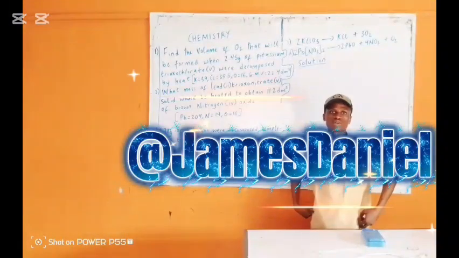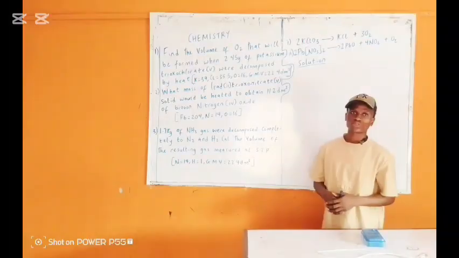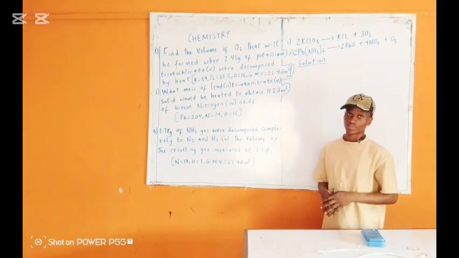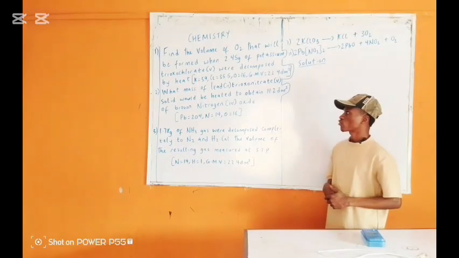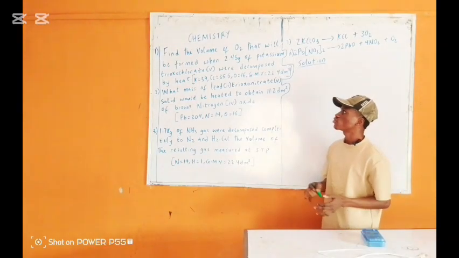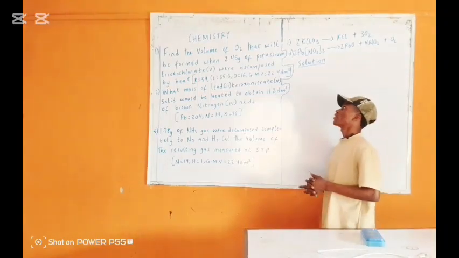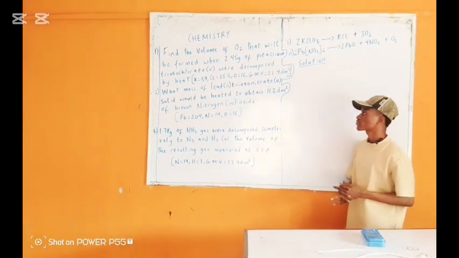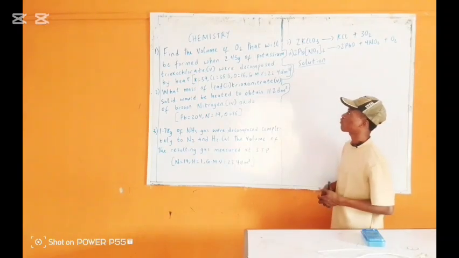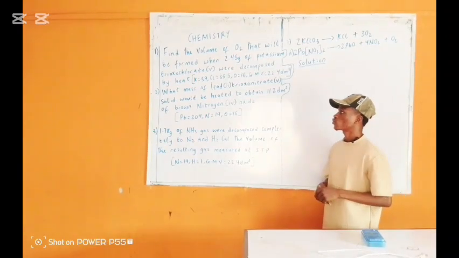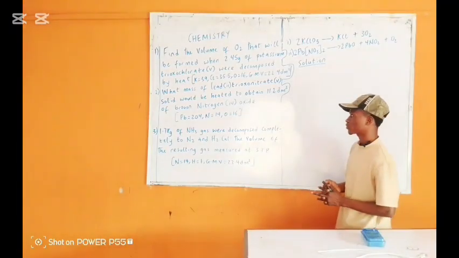Now, on today's video lesson, we're having questions on mole concept, calculations on mole concept. Question 1 says, find the volume of O2, which is oxygen gas, that will be formed when 2.45 gram of potassium trioxochlorate(V) were decomposed by heat.